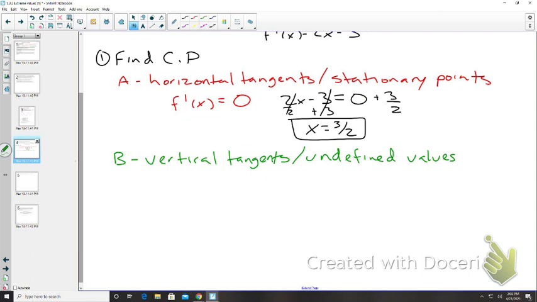So when we have a vertical tangent, what does our derivative equal? Undefined, right? So now we need to find where our f prime of x equals undefined. What values of x will give us an undefined value? Okay, so 2x minus 3. When does 2x minus 3 equal an undefined value? Never, right? Yeah, good. So no undefined points.